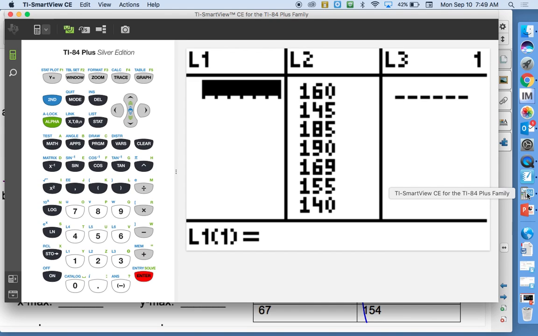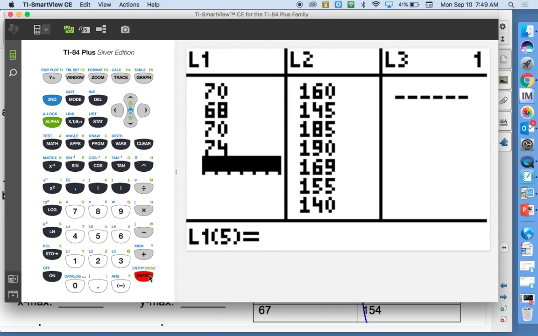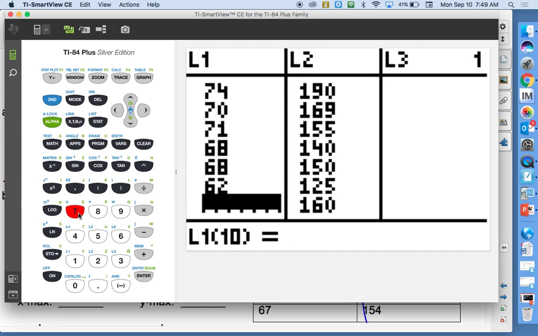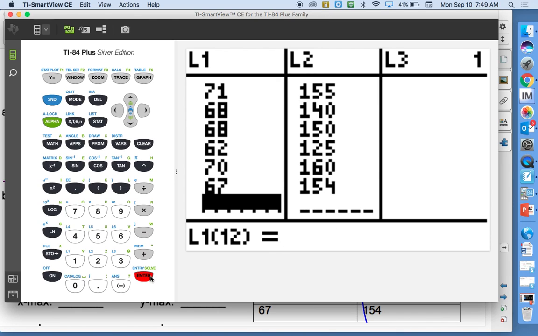Run through your numbers, make sure they're all entered correctly. Anybody need help? Not sure where you're at in the calculator?